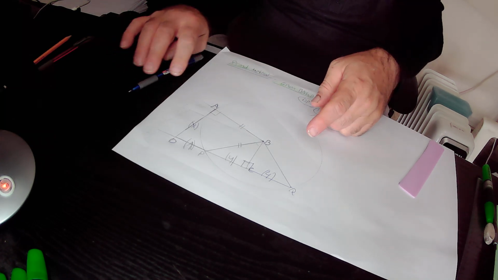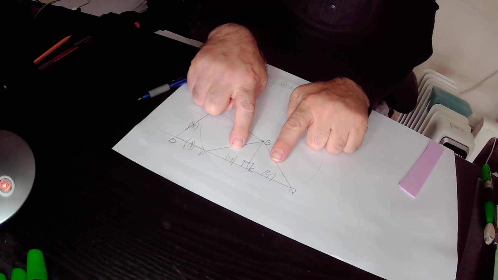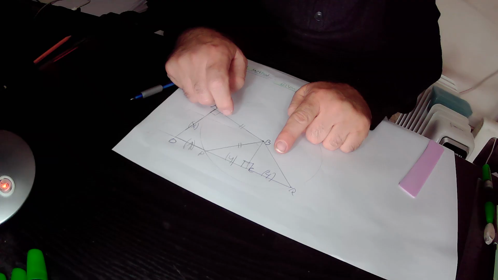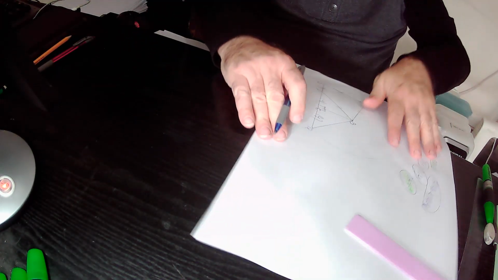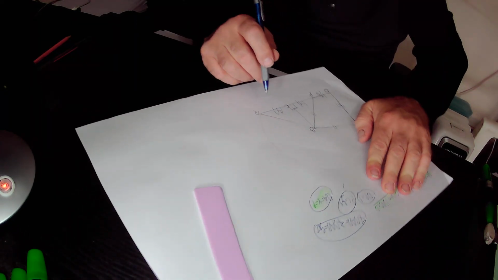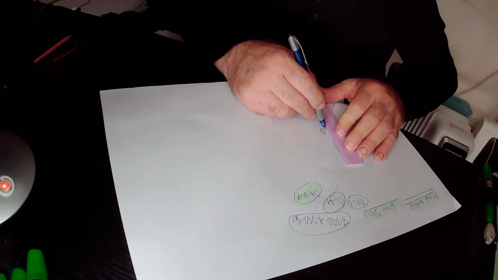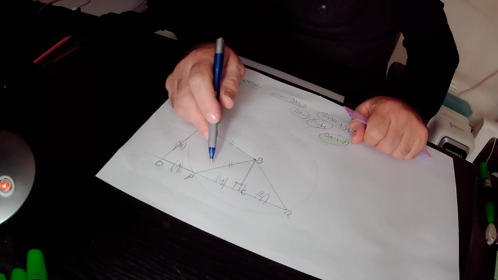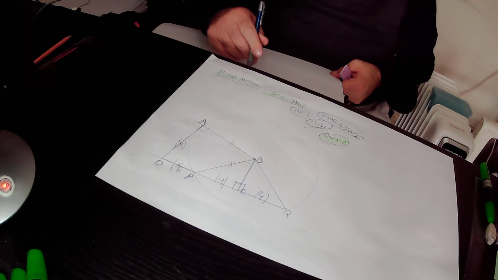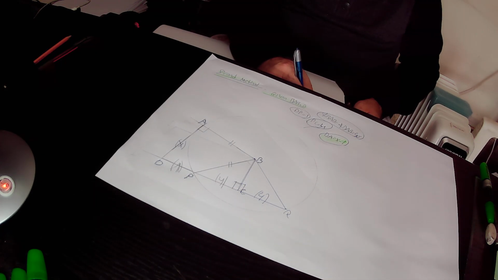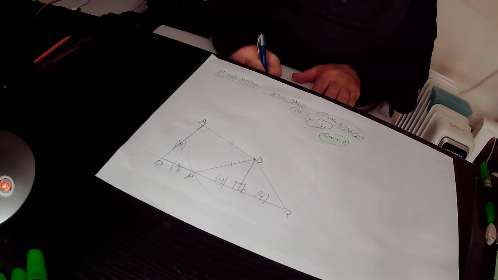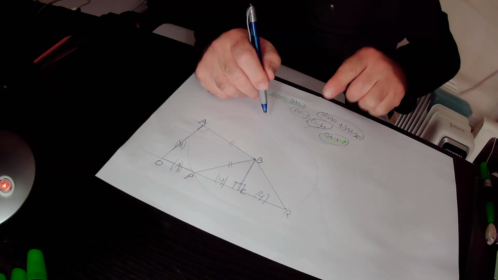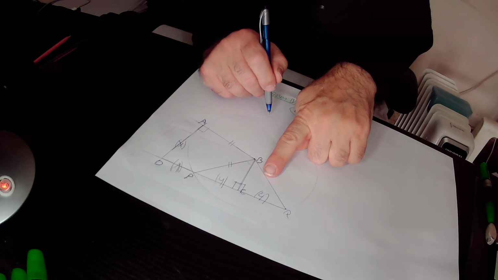In the next step, we will prove that the right triangle PBC and the right triangle BCQ are congruent according to the side angle side rule.